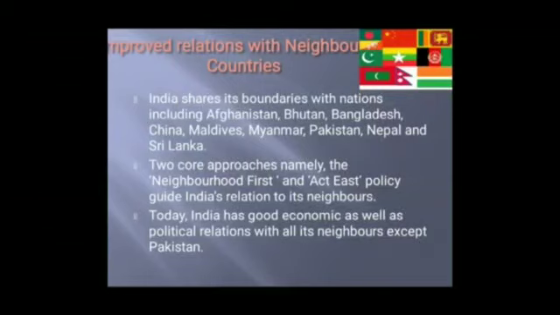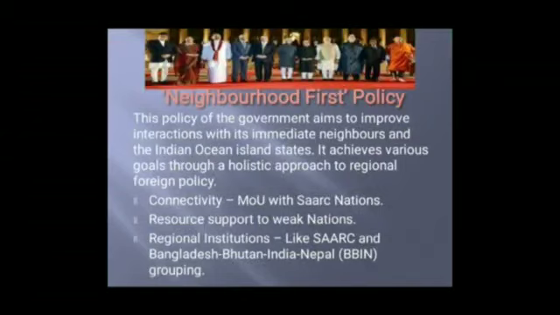One more example is the Bangladesh, Bhutan, India and Nepal grouping for energy development, that is motor vehicles, water power management, intergrid connectivity and so on. This is what the whole neighborhood first policy is: connectivity, resource support to weaker nations, regional institutions like SAARC, and the Bangladesh, Bhutan, India, Nepal grouping.